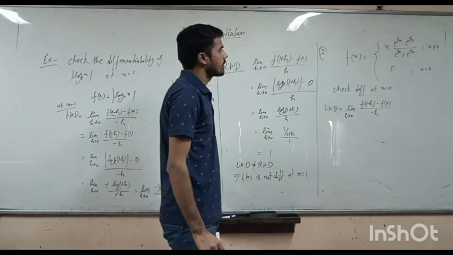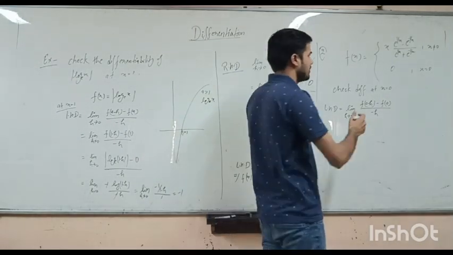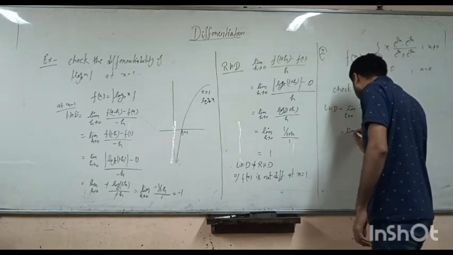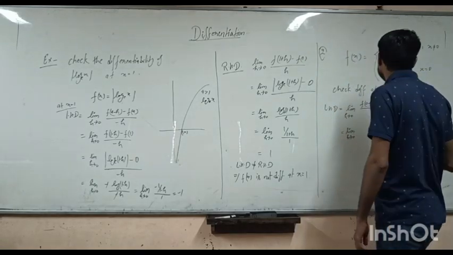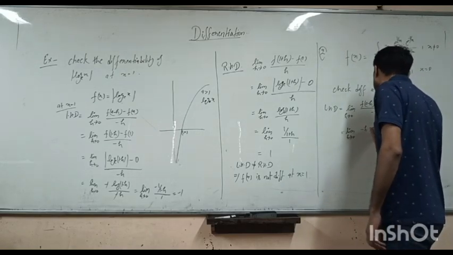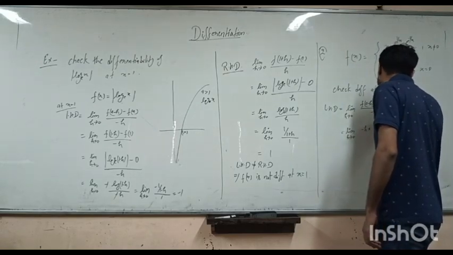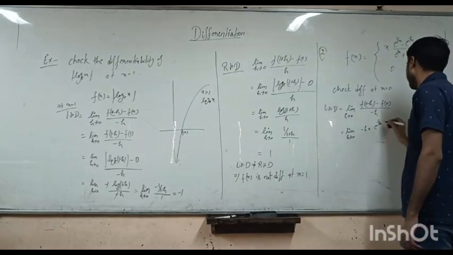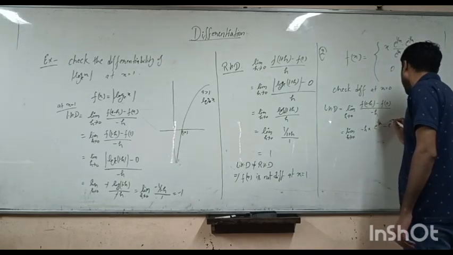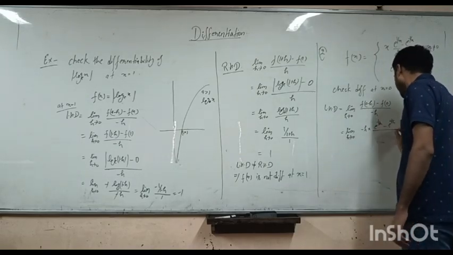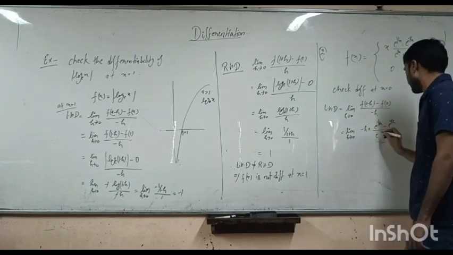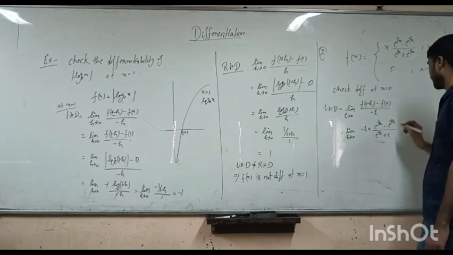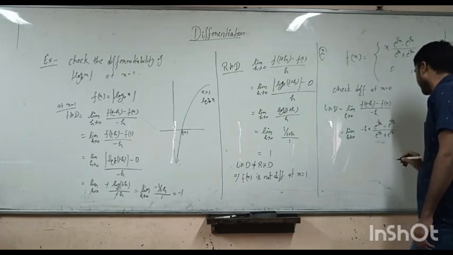So f of 0 minus h, we will just replace x equal to minus h in the value of the function. So limit h tends to 0 of minus h into e to the power minus 1 by h, and when we put minus h here, this will become positive, meaning e to the power 1 by h is positive, e to the power minus 1 by h minus, here it is plus e to the power 1 by h.